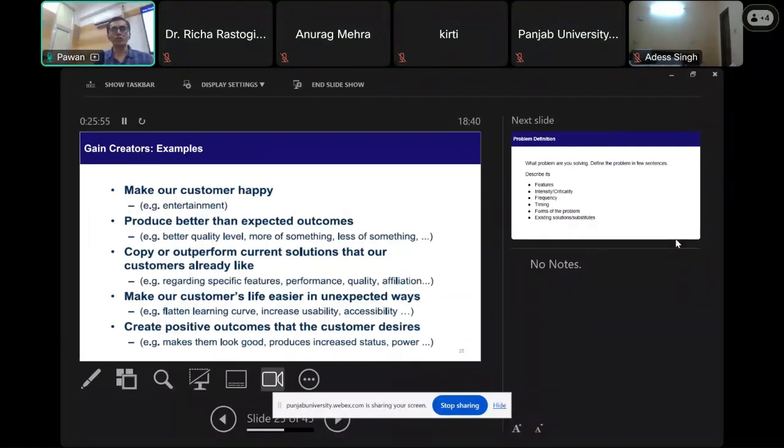People pay for gain also. Now you do have food or say cereals available, but this is organic cereal. And what is the gain? It is chemical free. It is adulteration free, right? So it could be that kind of gain also. Better quality level, more of something, less of something. Could be any type of gain.